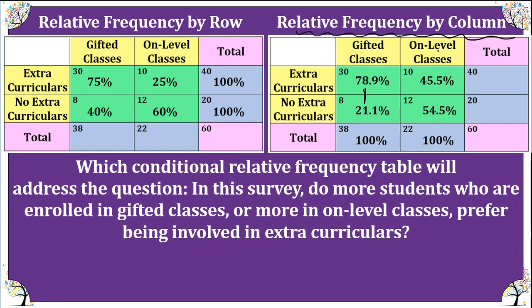Now, if you're in on level, can I predict that you're going to participate in extracurriculars or not? There's not really a big gap between these two percentages. So I really can't say there is an association being an on level. But I can with the gifted folks that are in gifted classes. According to this survey, 80% of those participate in extracurriculars. So I can say there is an association.